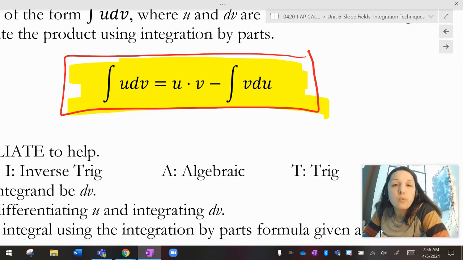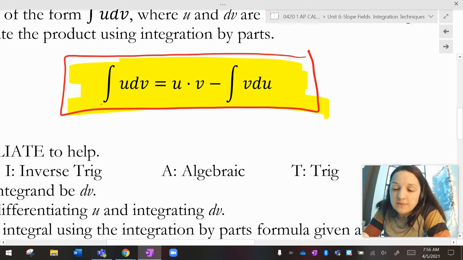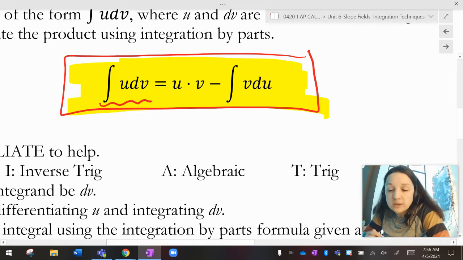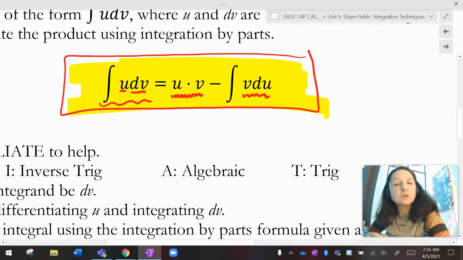All right, what this formula really does for us is it says if you're trying to integrate a product, and that product being u times dv, the formula takes half of the antiderivative for you and then leaves you another antiderivative to do on your own. Okay, so the formula kind of takes care of half of your work, and then you hopefully will have a simpler integral to solve when you're done.